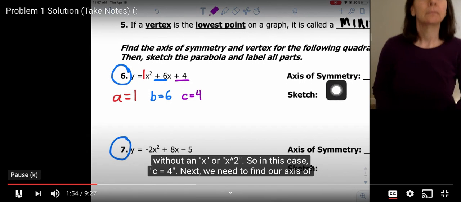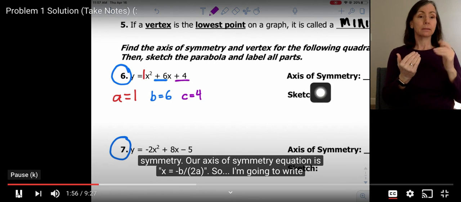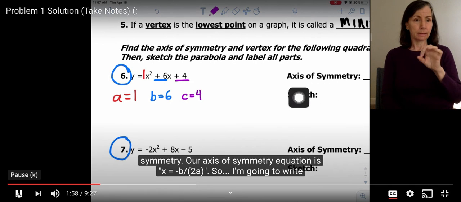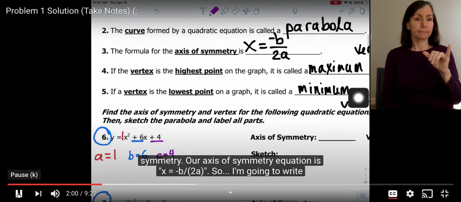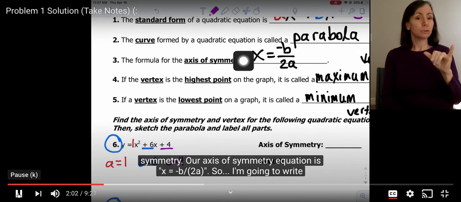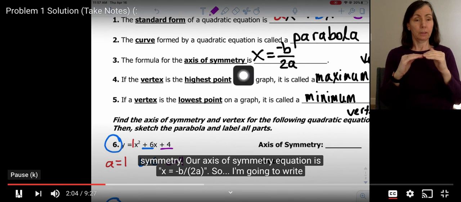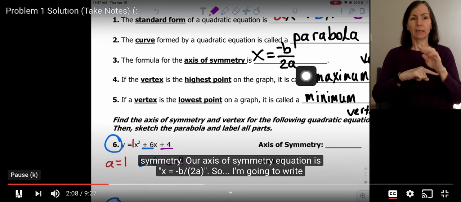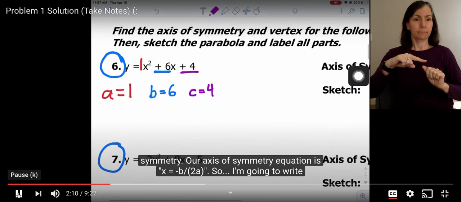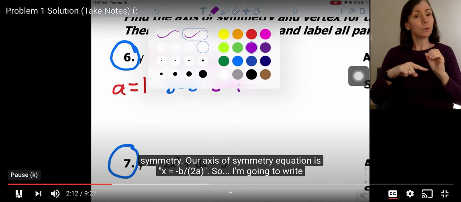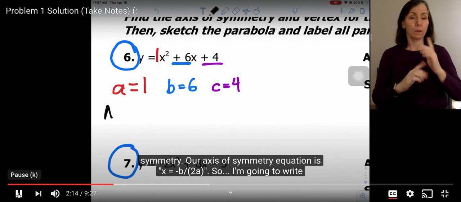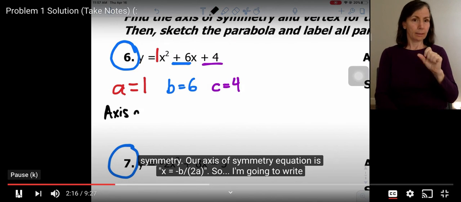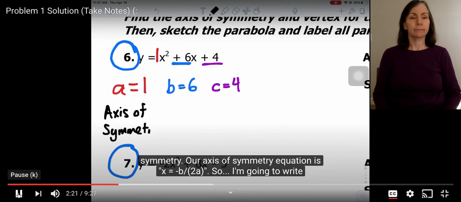Next, we need to find our axis of symmetry. Our axis of symmetry equation is x equals negative b over 2a. So, I'm going to write our axis of symmetry equation.